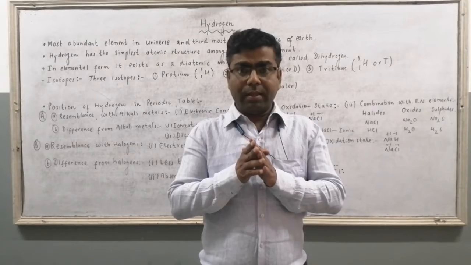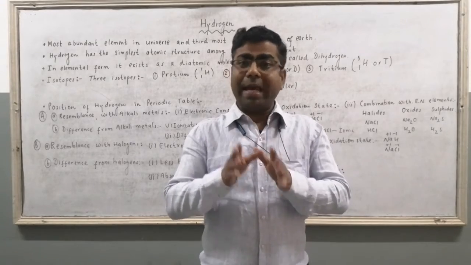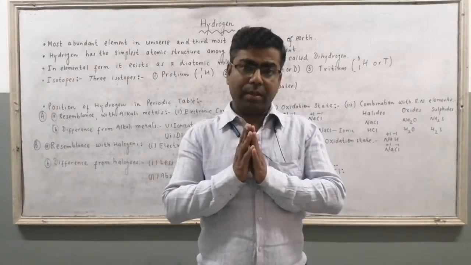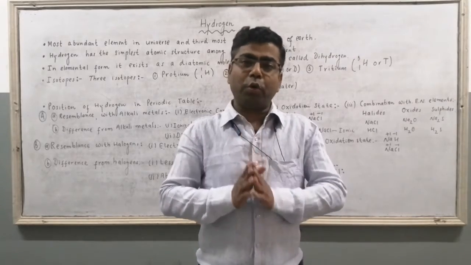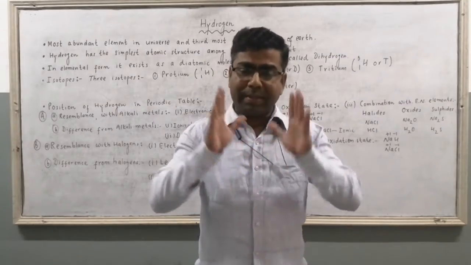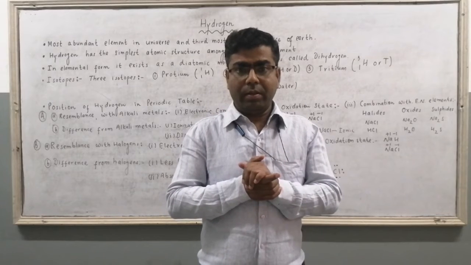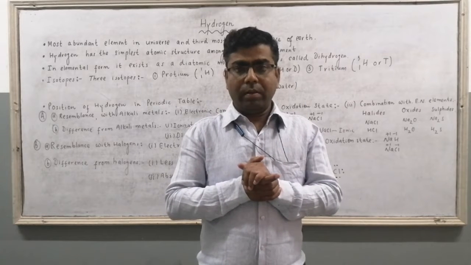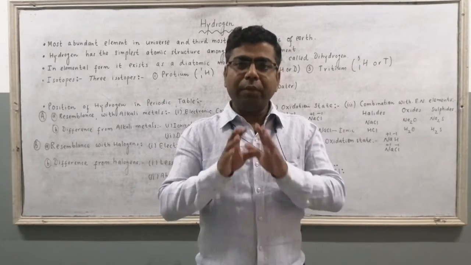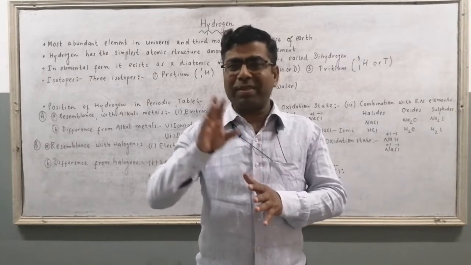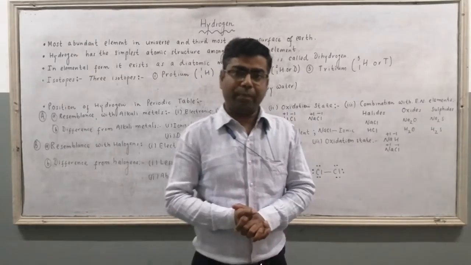It means if we are saying here that atomic number is same, it means that number of protons or number of electrons will be same. The mass number is different, and it is due to different number of neutrons present inside the nucleus.